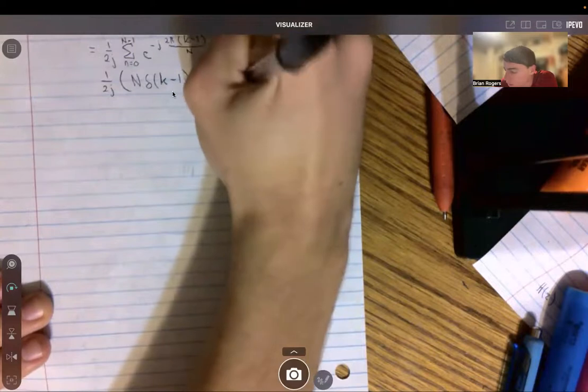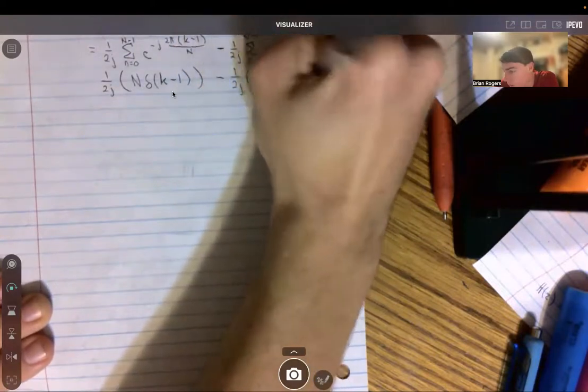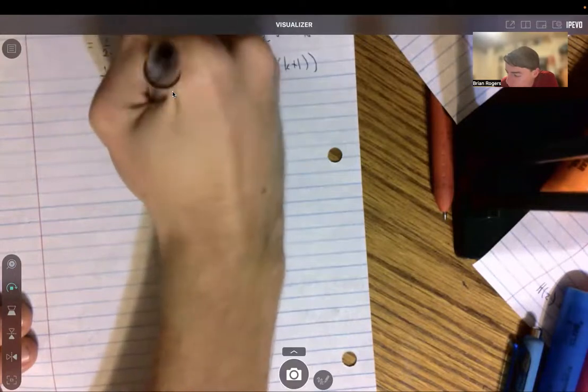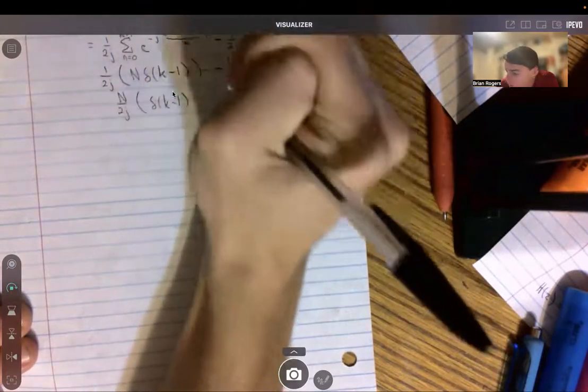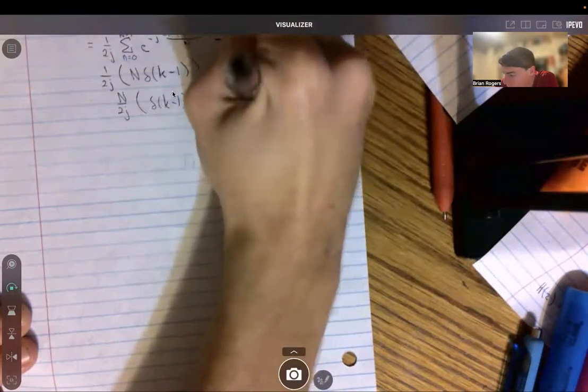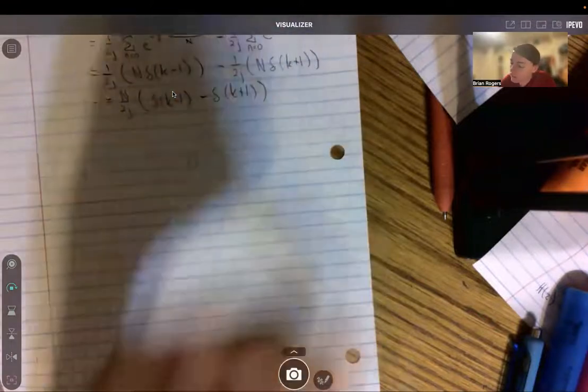Then this is going to be written as N delta k plus 1. Okay. So then we're going to now simplify. So we're going to get N over 2j multiplied by delta k minus 1 minus delta k plus 1. Okay. That's our X2 of k.